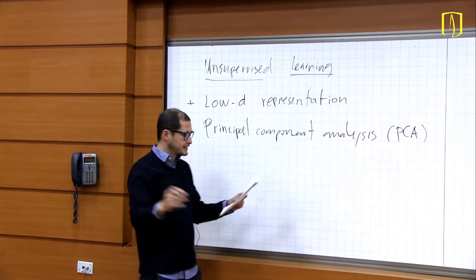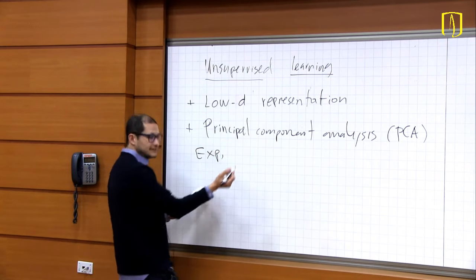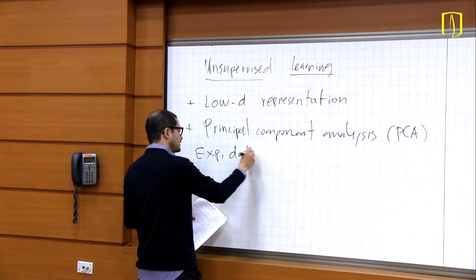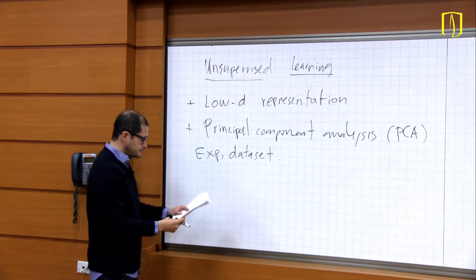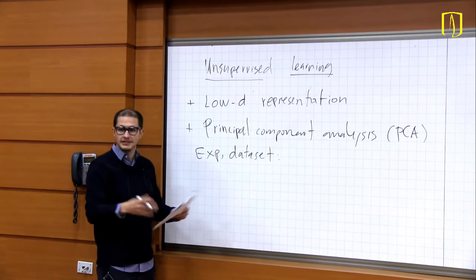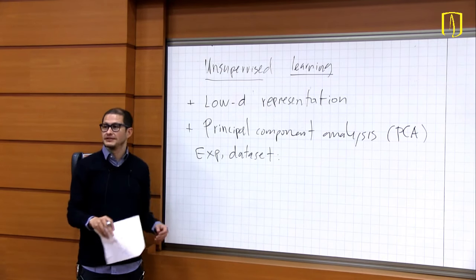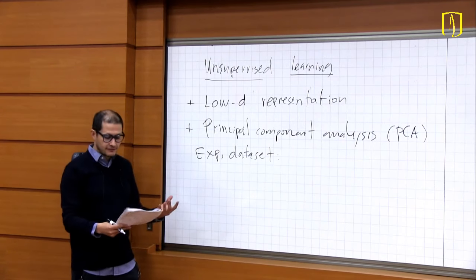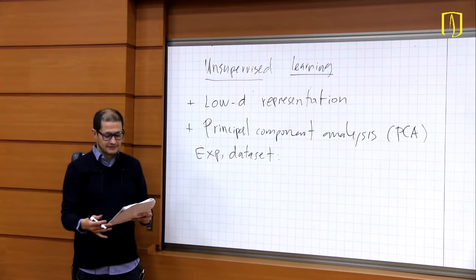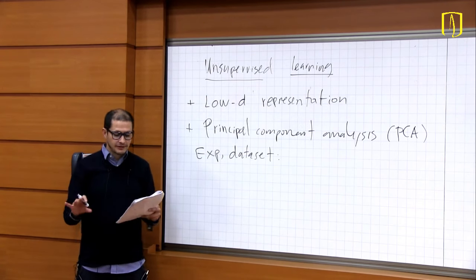Okay, so this is the setting. What is the data set? The experience or data set is a set of, say, images or spin configurations like the ones we've been using and demonstrating in the tutorials, sound files, sequences of text, you name it. But in principle, there are no labels.